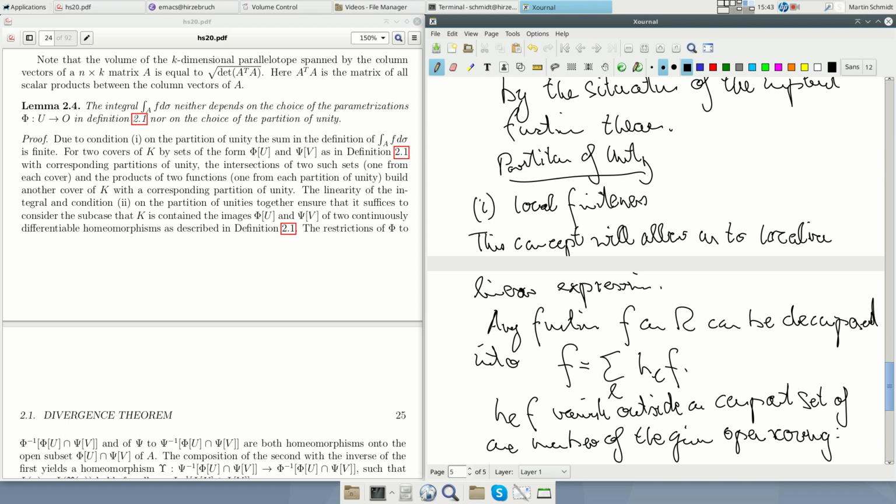And if we want to make some statements about general functions, which is linear, then we can decompose it and now prove the statement. Yeah, this is the essential point.